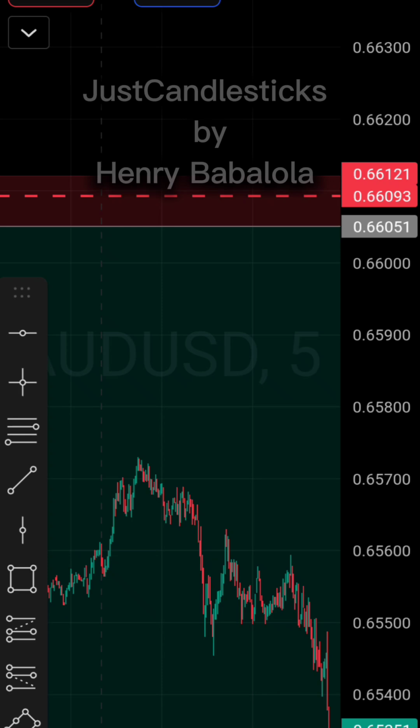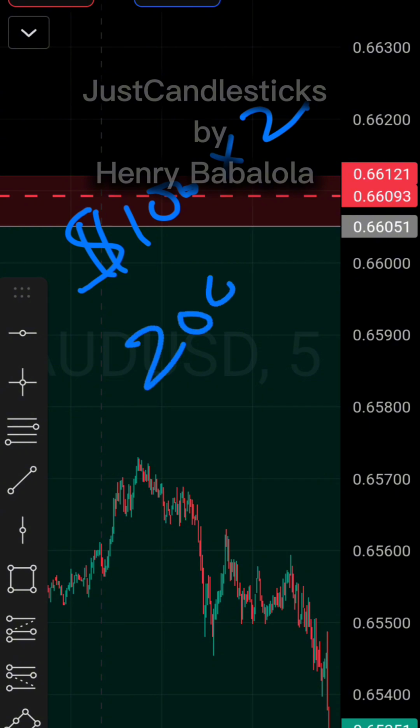The 5 times you lost, you lost half of your account, which is $500. Then the 5 times you won, every single time you won times 2. So your trade of $100 times 2, every time you won, you have $200.